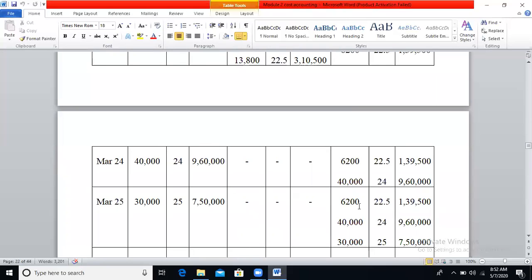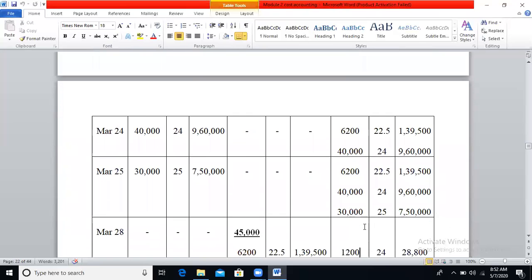So still we are having the balance of 6,200 units at rupees 22.5. The total value will be 1,39,500, and 40,000 units at rupees 24. The total value will be 9,60,000, and 30,000 units at rupees 25. The total value will be 7,50,000.